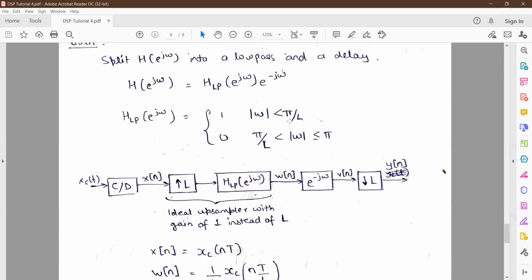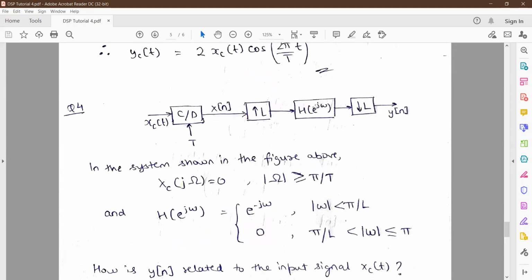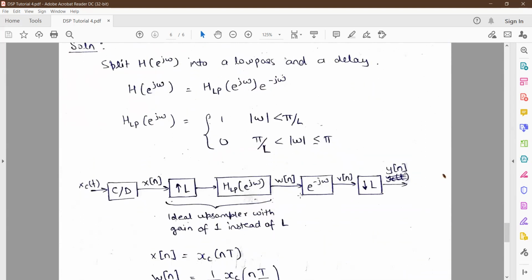It is 1 for ω less than π/L and it is 0 otherwise from π/L to π, right? So as you can see here, that block H(e^jω) is split into these two parts, a low pass filter and e^(-jω). Now these two blocks, that is an upsampler and a low pass filter, are nothing but an ideal upsampler which has a gain of 1 instead of L, right?